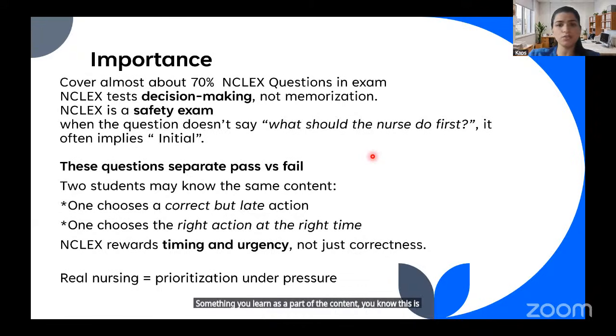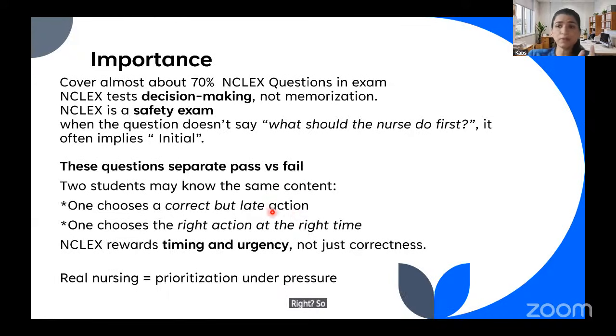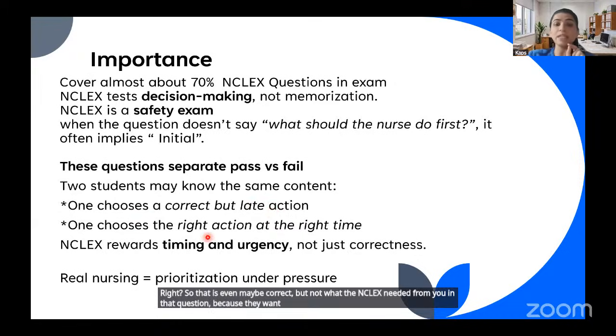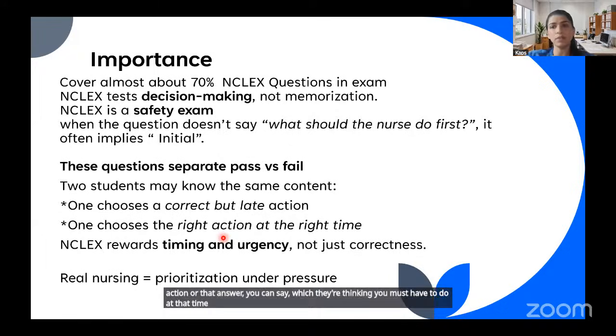But the answer you pick is the late nursing action, because the question maybe doesn't demand that. That may even be correct, but it's not what the NCLEX needed from you in that question, because they want you to choose the answer which they think you must do at that time, in that particular situation, as a first answer.